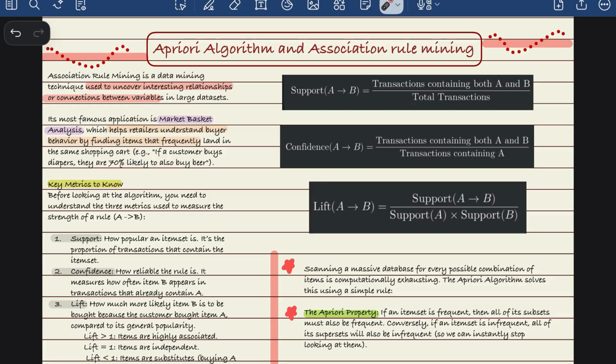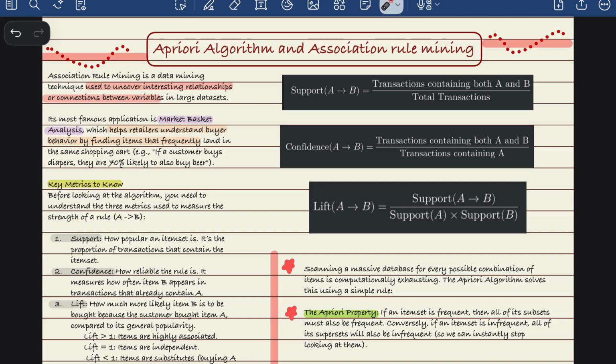For example, there are beer and bread. They are bought together 5 times and there are 10 transactions in total. So we will get the answer of support, right? And then we have confidence. Confidence measures how reliable the rule is.